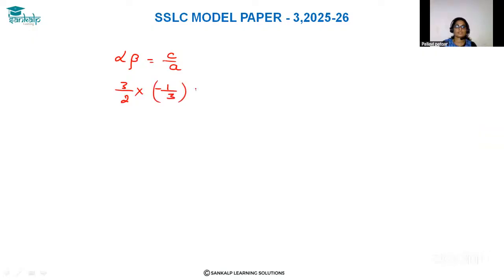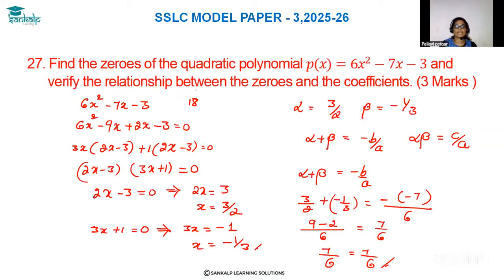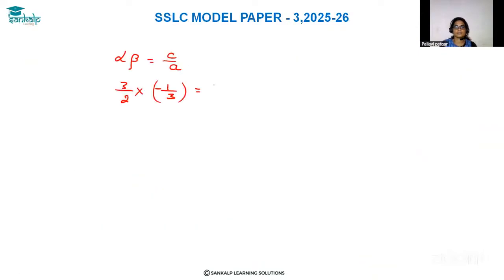In the quadratic polynomial, c is minus 3, a is 6. So 3 ones are 3, 3 twos are 6, so this is equal to minus 1 by 2. So both are equal. The product of zeros matches and the sum of the zeros also matches.